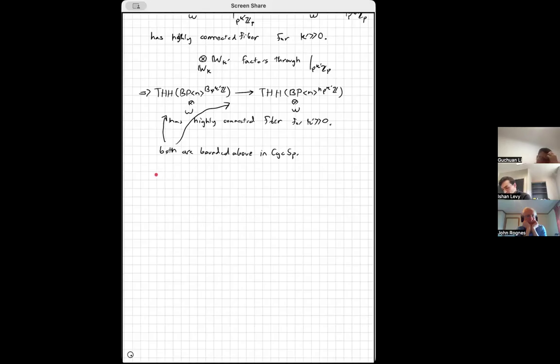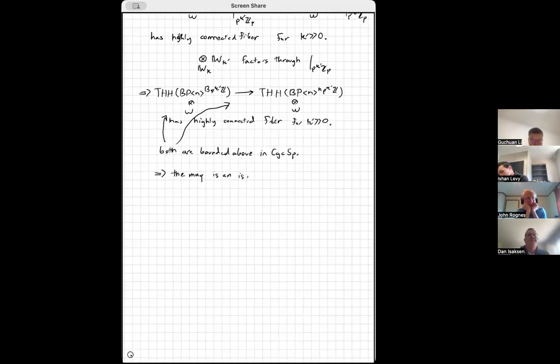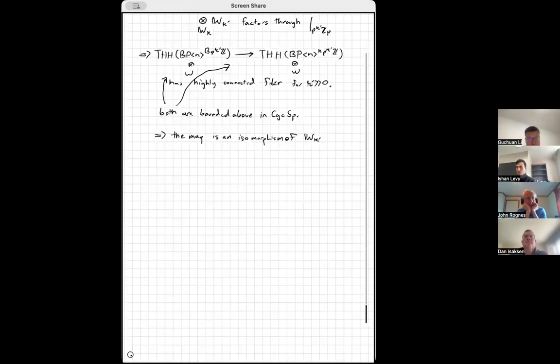And so what you learn is that, in fact, the map is an isomorphism. So it's in fact an isomorphism of modules over the string W K prime. Okay, and so let me just recall what this brought us.